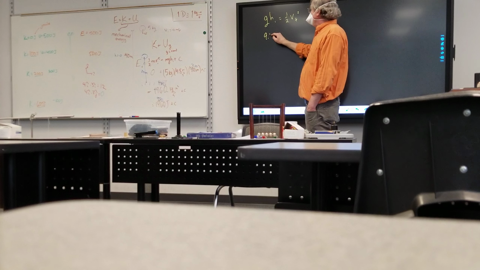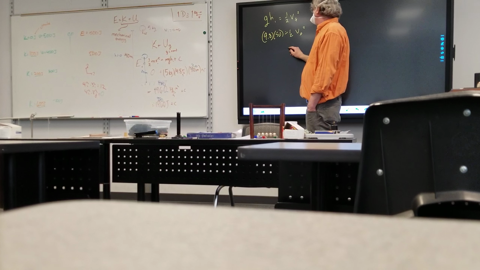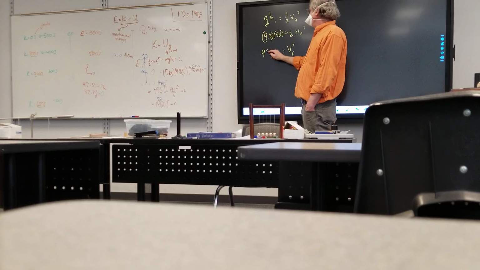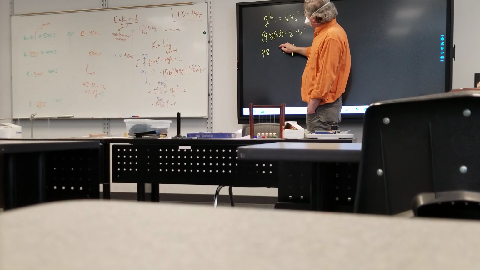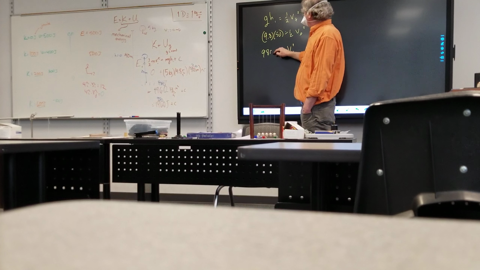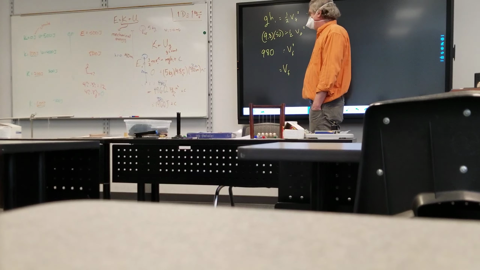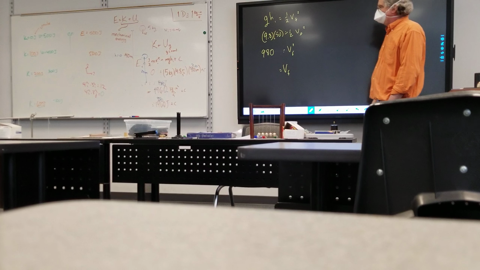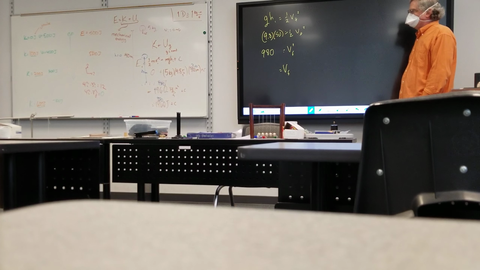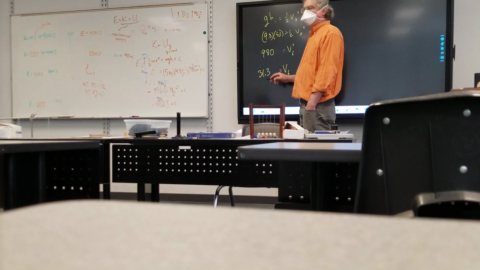So that's 9.8 times 50 is equal to one half v final squared. So this would be 31.3.